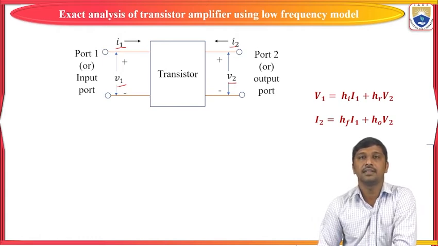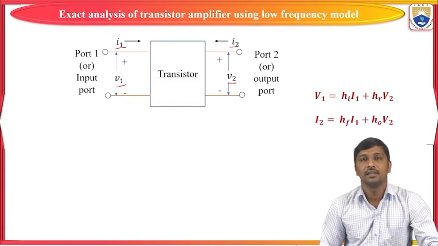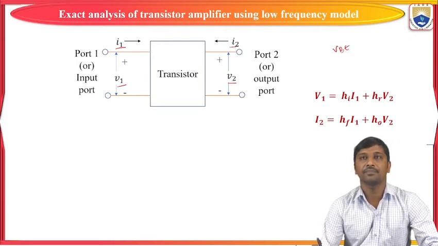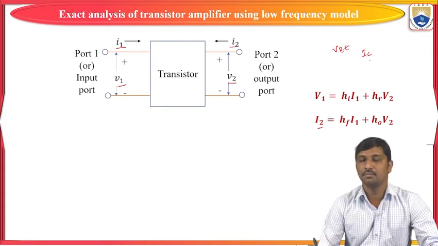From this transistor construction, we identified that the two dependent parameters are V1 and I2. In the common emitter configuration, the input voltage is represented across the base with respect to the emitter, hence V1 is also represented as VB. And in the common emitter configuration, the output current is the collector current, that is, I2 is nothing but the collector current.